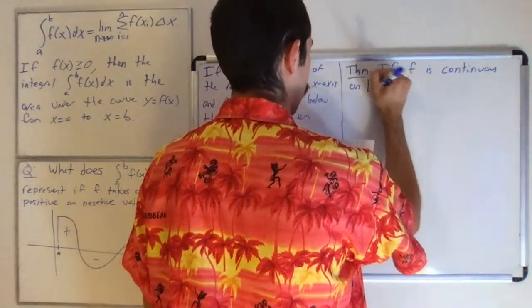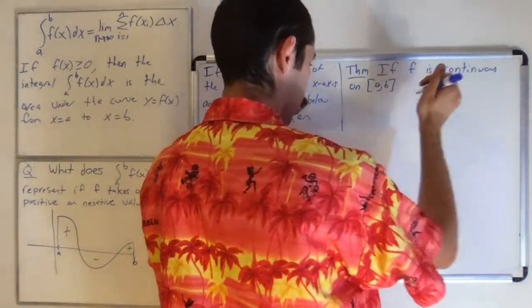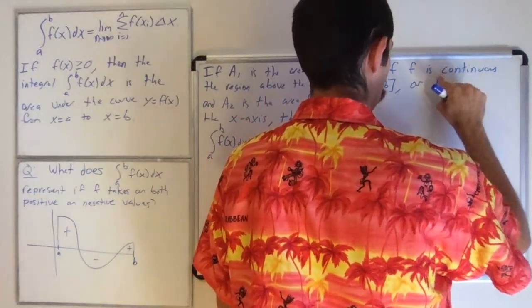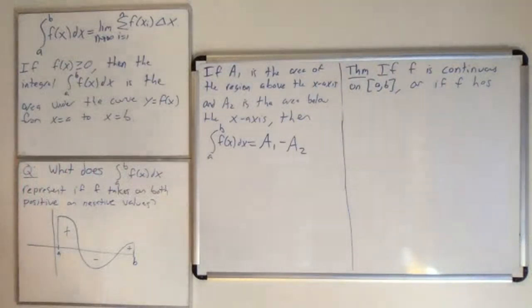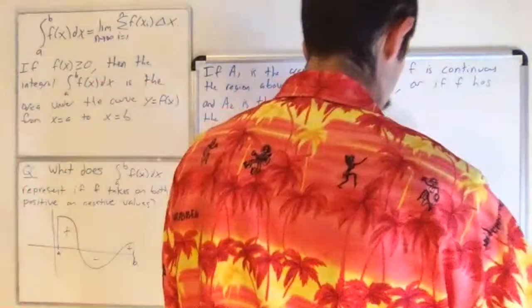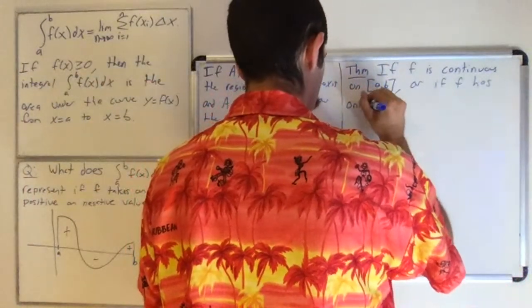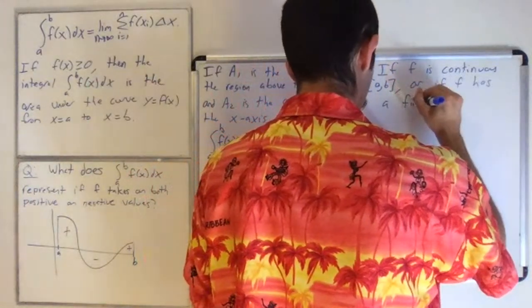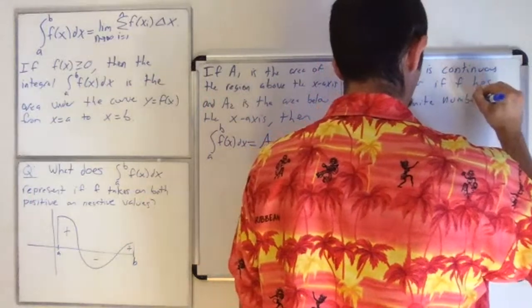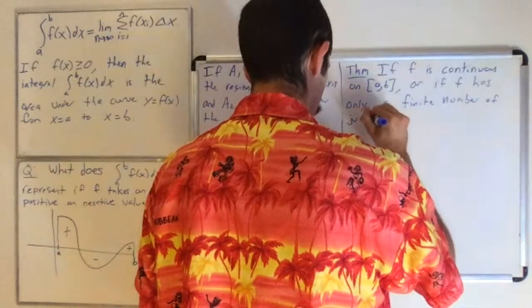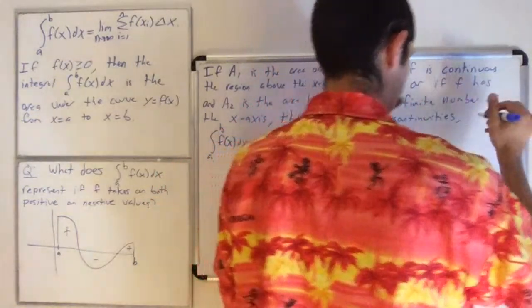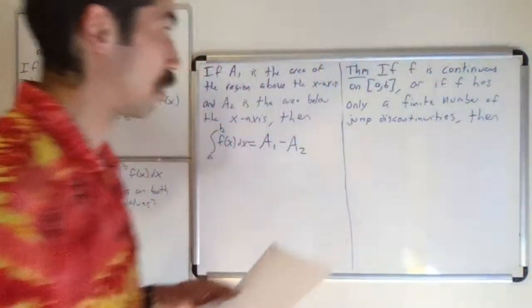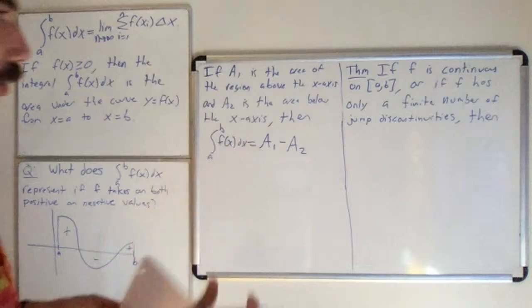So if f is continuous on the interval [a, b], or if f has only finitely many jump discontinuities, then the integral exists.